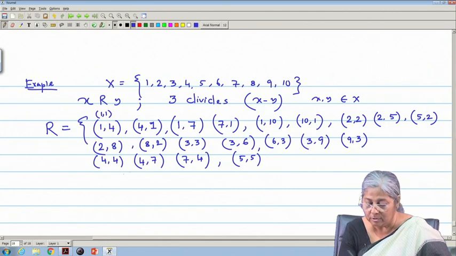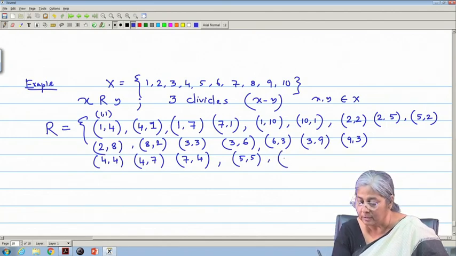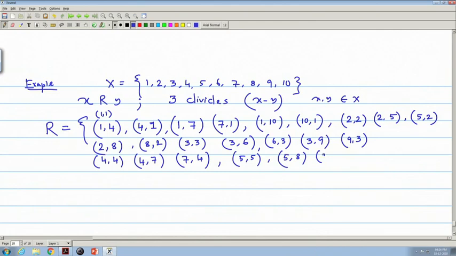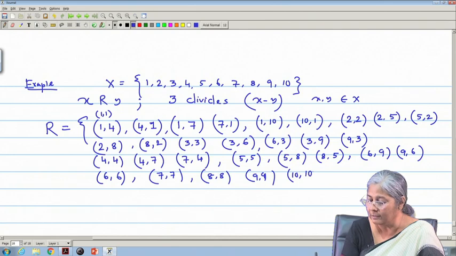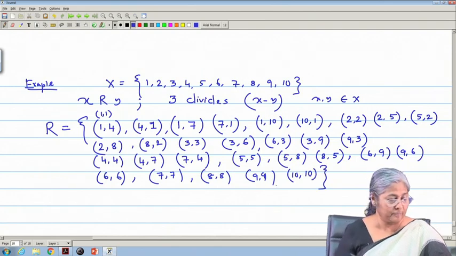So, all such, (5,5), then (5,8), (8,5), I have (6,9), (9,6), then (6,6), then I have (7,7), (8,8), (9,9), (10,10). All these tuples will be my relation.